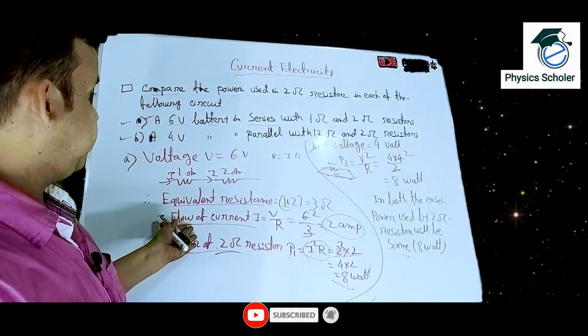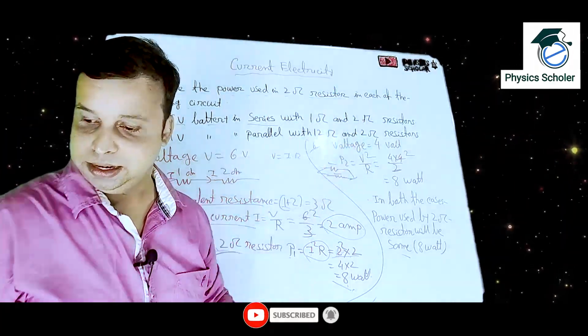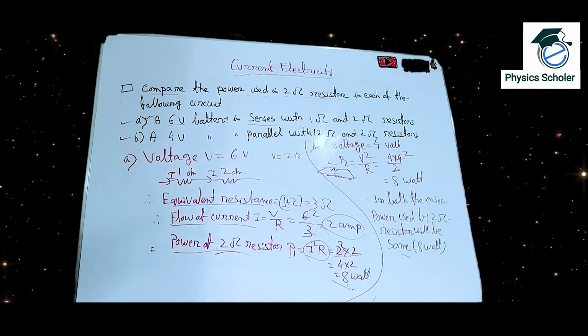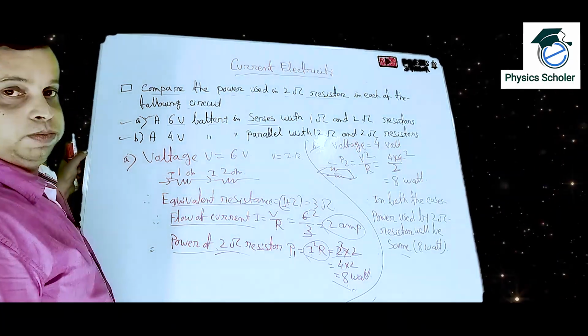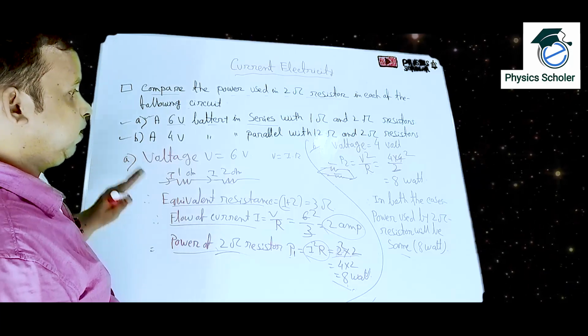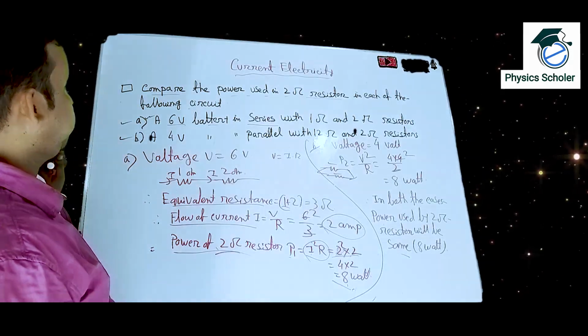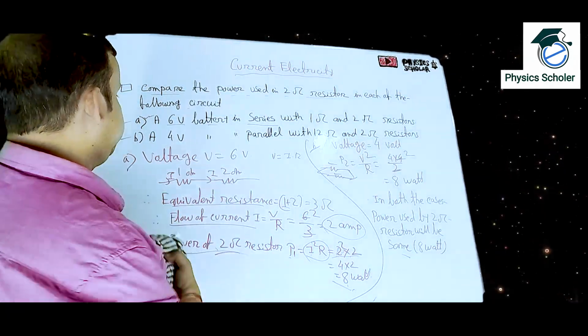Here it is connected in series, here it is connected in parallel. Now you see this. So I hope you can understand and you can copy also if you want.